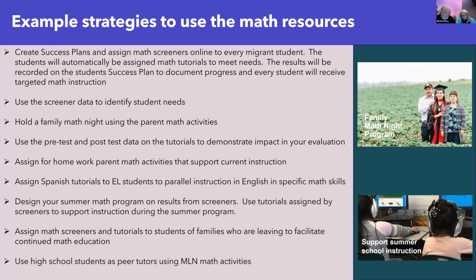Because OME asks you at the end of every year to provide data on how many kids you provided reading instruction to and math instruction to. And they don't mean how many kids Title I provided to, or the regular classroom or Title III. What they're asking you is how many of your migrant students did the migrant program provide instruction for? This is a way, by using these supplemental resources, that you can literally provide math instruction for every single kid.